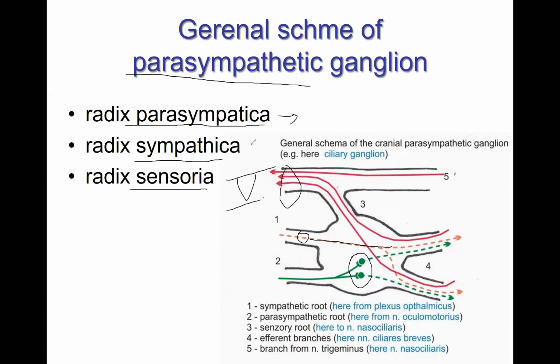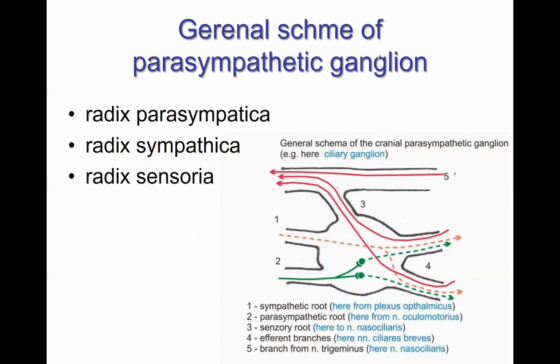This is visceromotor, so it's efferent. This is somatosensory, so it's afferent. So it also passes through, and it's not synapsed here, as it's synapsed in the trigeminal ganglion of Gasser, which we find on the apex of the petrosal part. So this is a general arrangement. Every parasympathetic ganglion has the parasympathetic root, which is synapsed, a sympathetic root, which is not synapsed, and from the periphery a sensory root, which is also not synapsed.